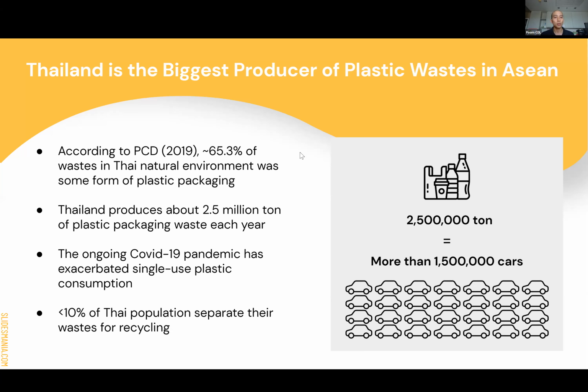So let's imagine how much the number has gone up until now, when most people in Thailand order food delivery to be served at home, which comes with so much packaging. At the same time, less than 10 percent of the Thai population actually separates their waste for recycling. It's gonna be even more insane. Things are gonna get even more out of hand.